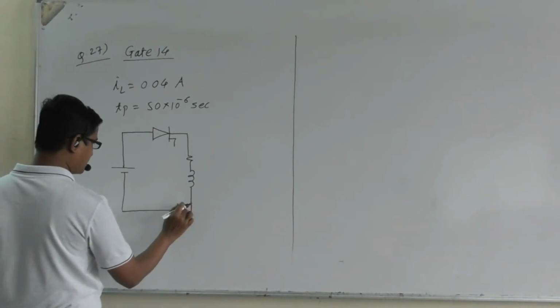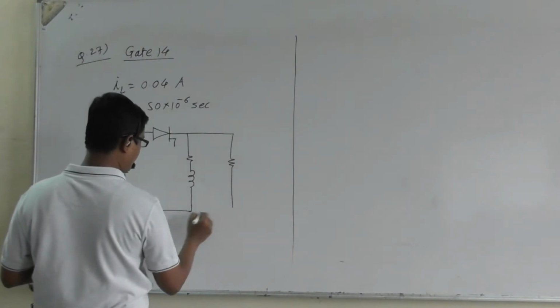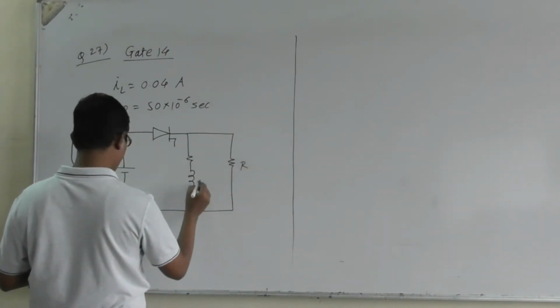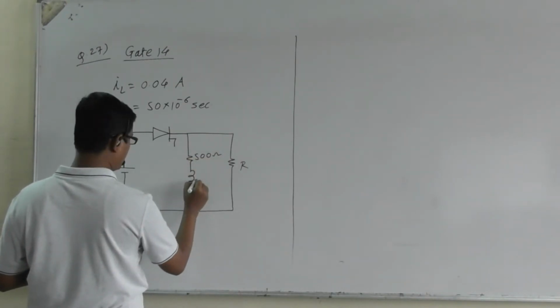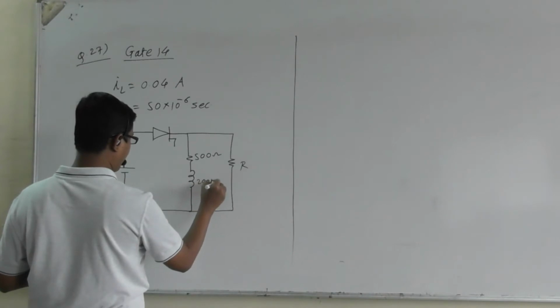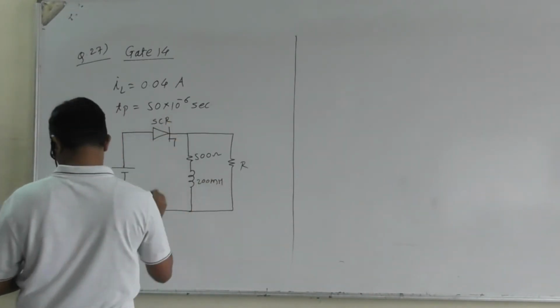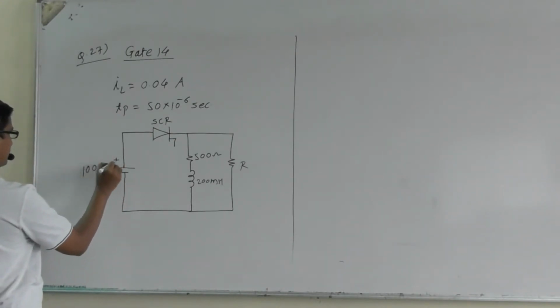We have already solved this type of questions. Resistor R, this is 500 ohm, this is 200 millihenry, SCR, this voltage is given 100 volt, right?